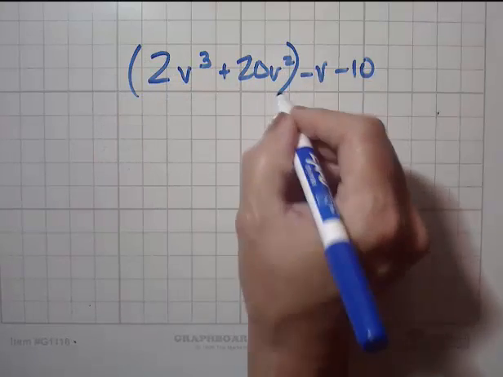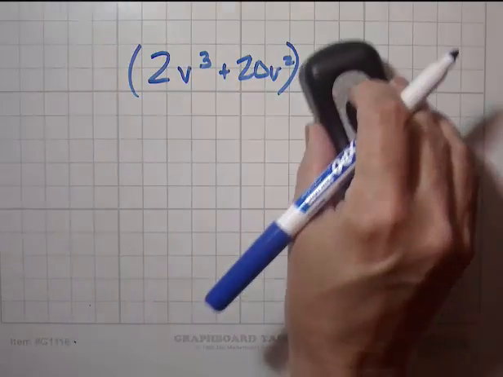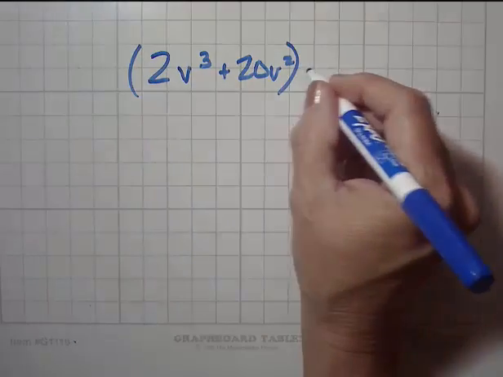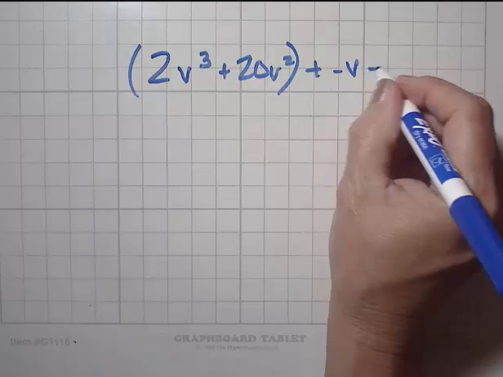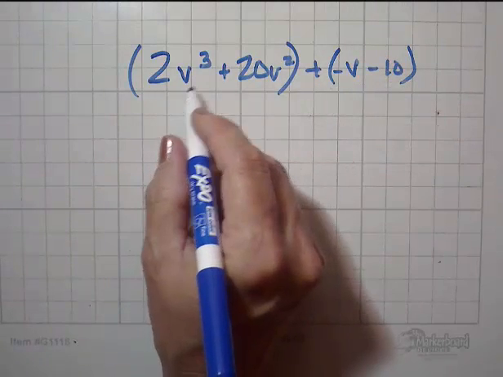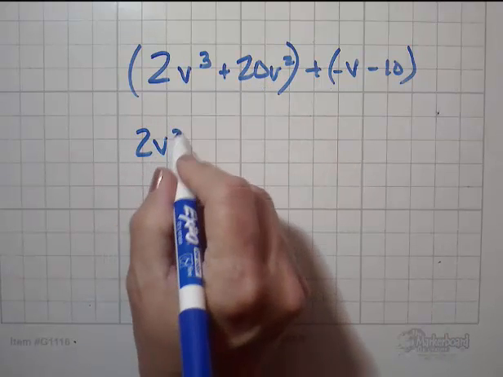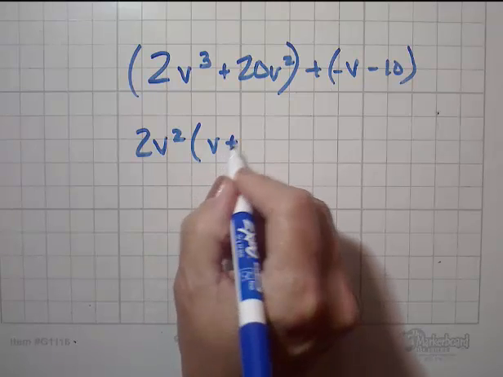I'm going to move this over just a little bit because I'm going to put plus negative v minus 10. That's going to clarify things a little bit for me. So 2v cubed and 20v squared means I can take out a 2v squared, and I'm left with v plus 10.